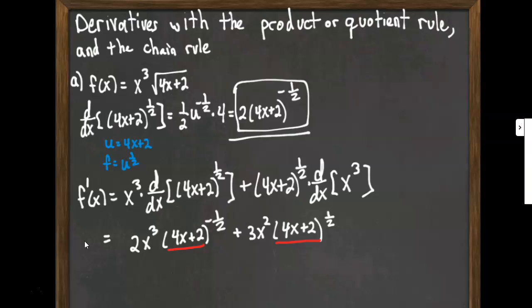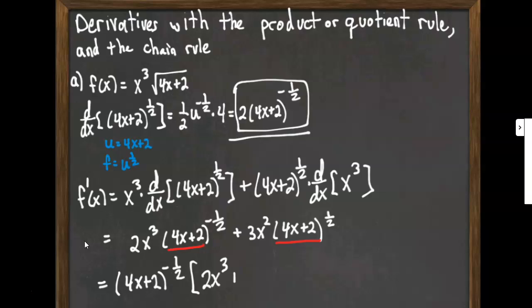So here we have 4x plus 2 to the minus 1/2, and 4x plus 2 to the 1/2. So we're going to factor that out of our problem. Now when we take that out, for the first part, when we take 4x plus 2 to the minus 1/2 divided by that stuff, they're just going to cancel out. And so we'll have 2x cubed.